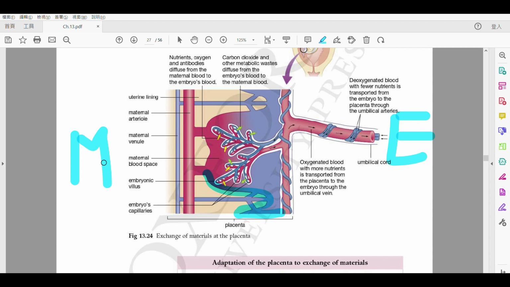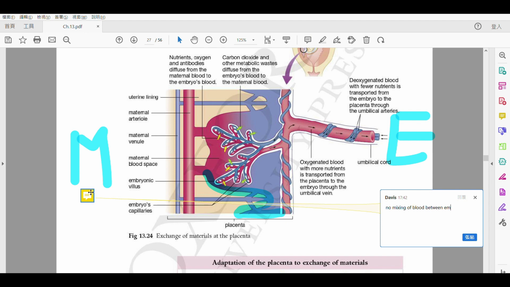One very clear concept is that there is no mixing of blood between embryo and mother.